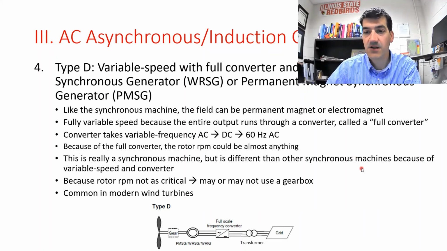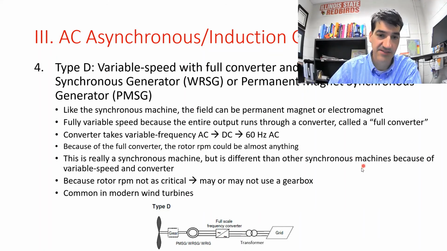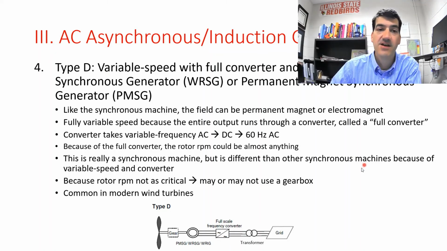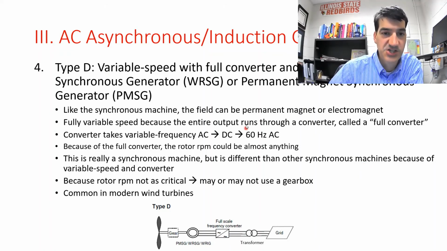It could have a wound rotor synchronous generator, or it could have a permanent magnet synchronous generator. The only difference is that you could be using a permanent magnet for the magnetic field, or you could be using a wound rotor electromagnet. But either way, we lump them together because they both are a variable speed full converter generator.